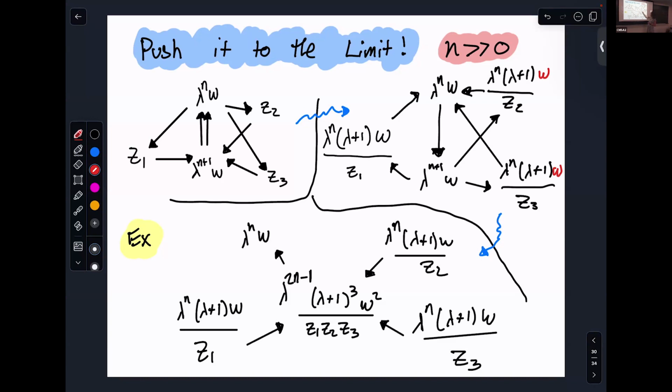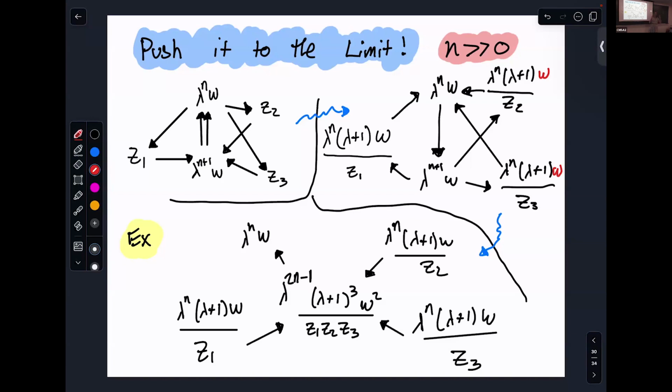But something funny happens when I mutate at this bottom spot. So to go from this seed to here, I mutated at this bottom spot. And then in my binomial, one term has a product of the outs, which will have a lambda to the 3n factor. And then the other term will be a product of the ins, which will just have a lambda to the n.